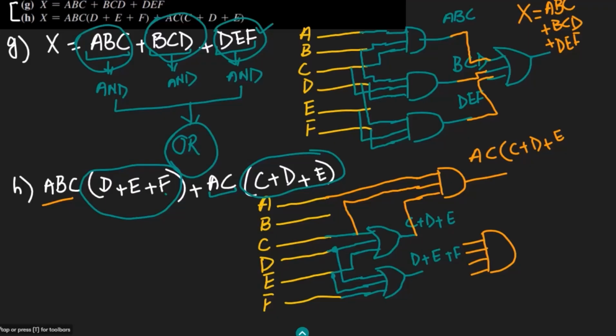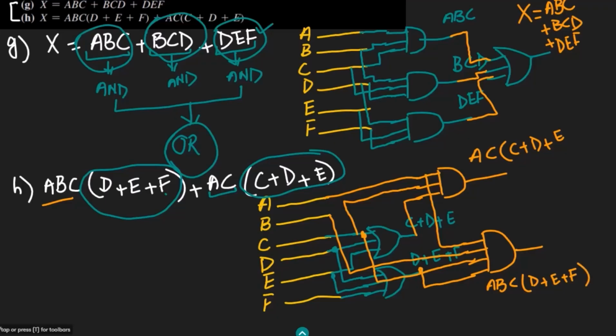A will be here, this is A. With it I will also have this B, and for C let me move down from here. This is C, and this gate is DEF. So here I will get ABC, and with it D plus E plus F. Here the output is this one.